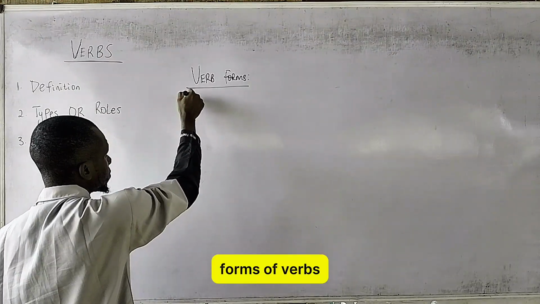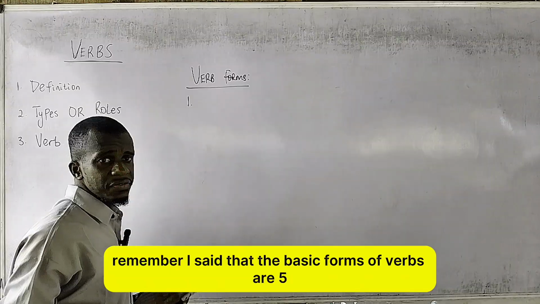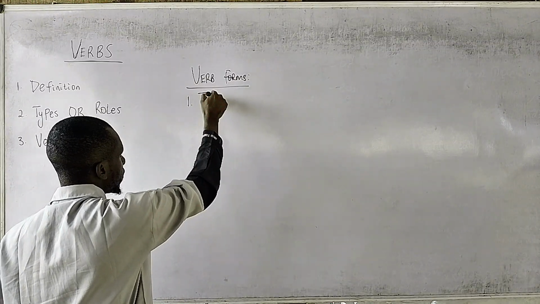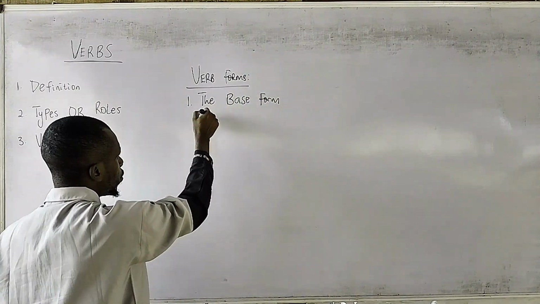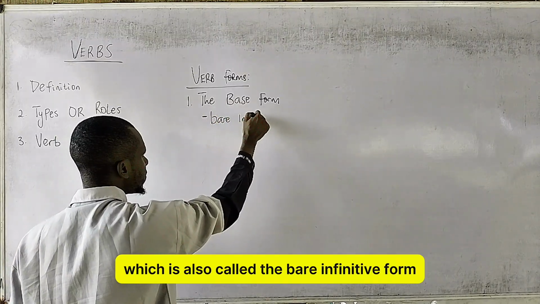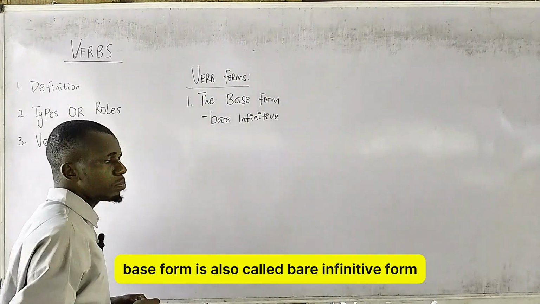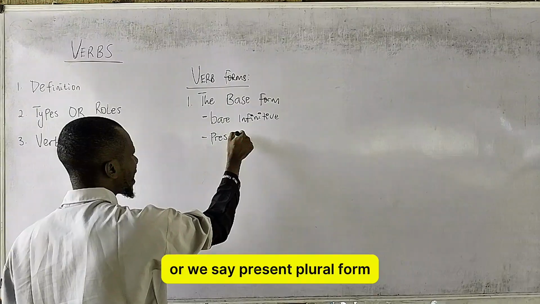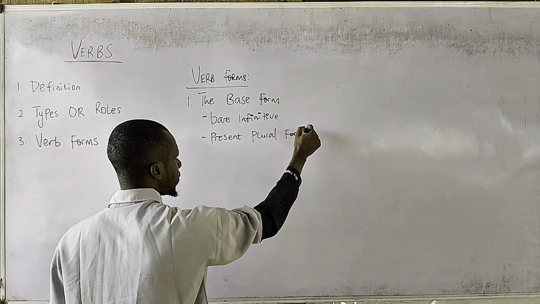The forms of verbs, remember I said that the basic forms of verbs are 5. We have what is called the base form, which is also called the bare infinitive form, or we say present plural form.